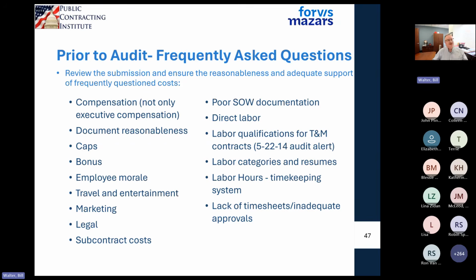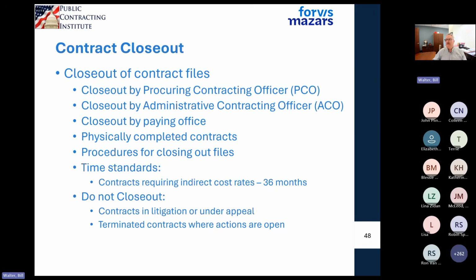Take a look at bonuses, make sure you've got the right documentation associated with them. DCA does take a look at marketing and legal expenses. They'll take a look at subcontract costs to make sure that they're fair and reasonable. So a lot of the things that you see up here on the screen are the types of things that the auditors will take a look at during the time that they're reviewing your incurred cost proposal.